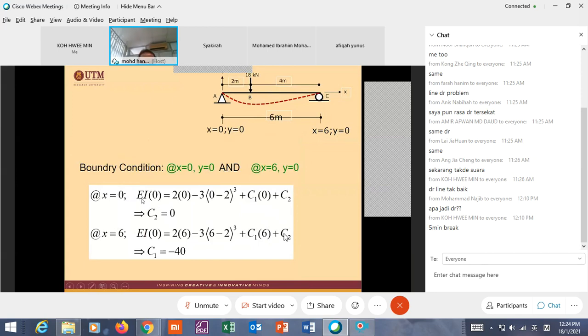At x equal to 0, in this deflection equation, you will find that C2 is equal to 0. Okay, again, remember, be careful here. Whenever the sum in this bracket is negative, neglect this one.